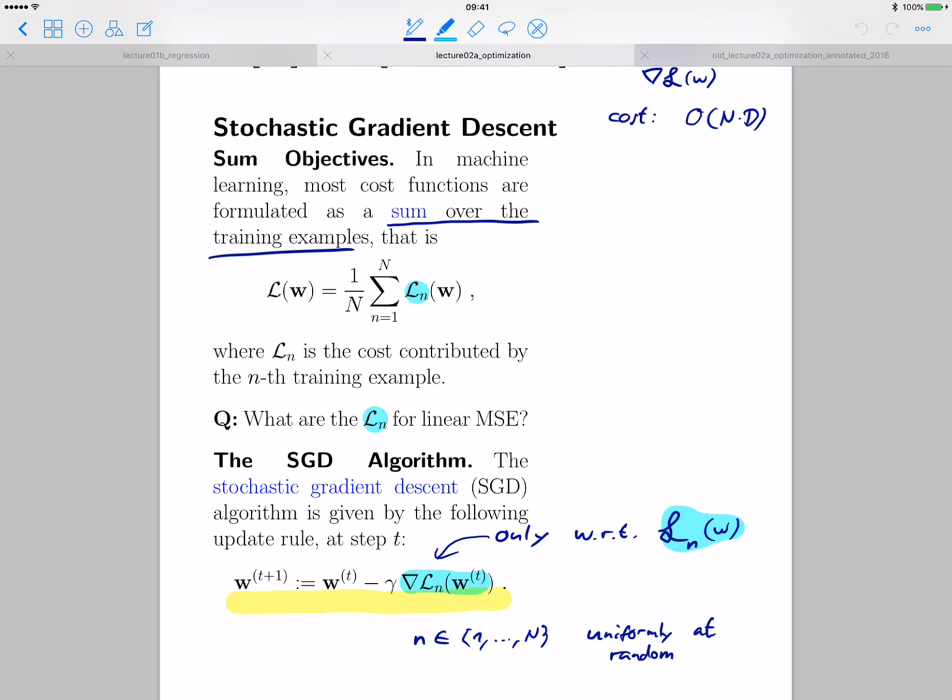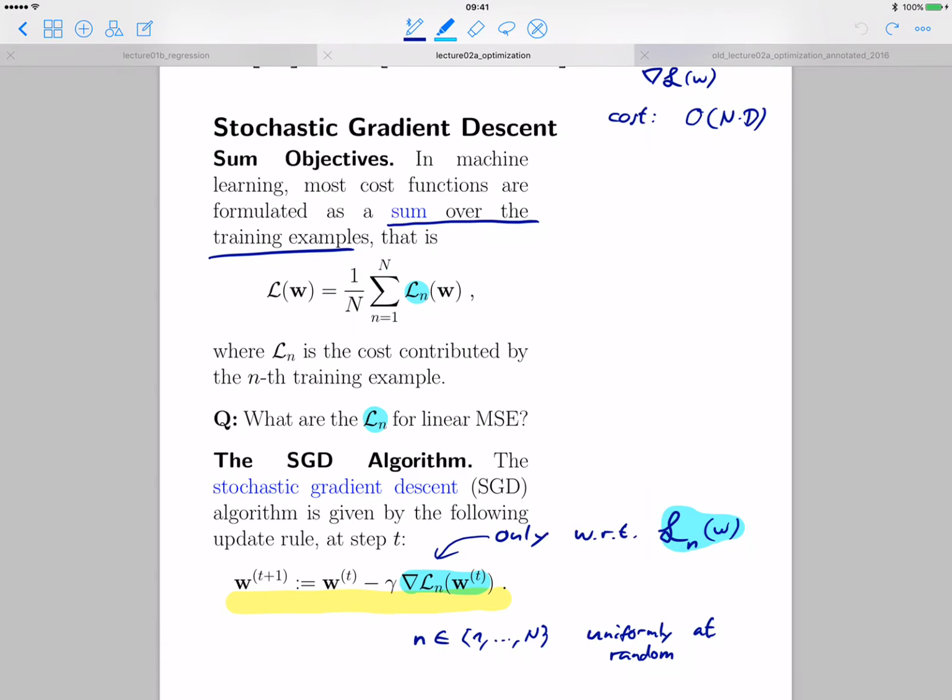We have seen stochastic gradient, which is when the function we optimize has an additional property, and that property is that the function is a sum of some other functions. So that's what we had here, right?